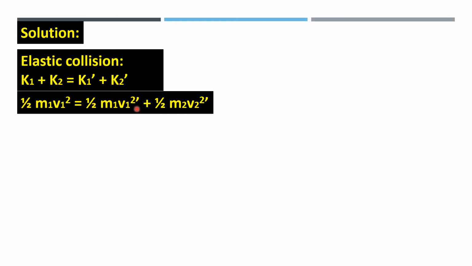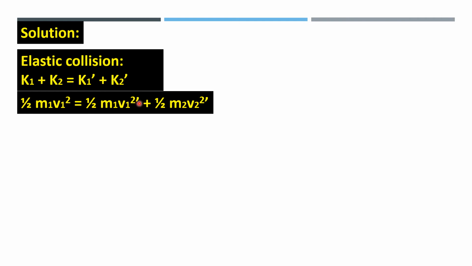Plus the final kinetic energy of the second particle, particle B, after being hit, so this is also with a prime. That's our working formula. You might notice that all terms in the equation have one half.